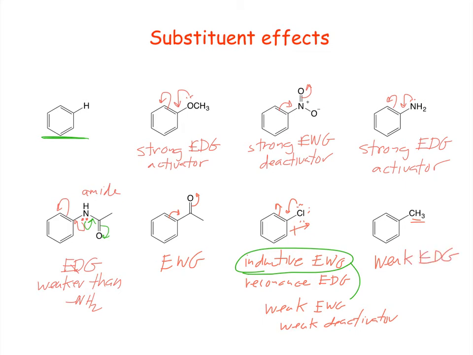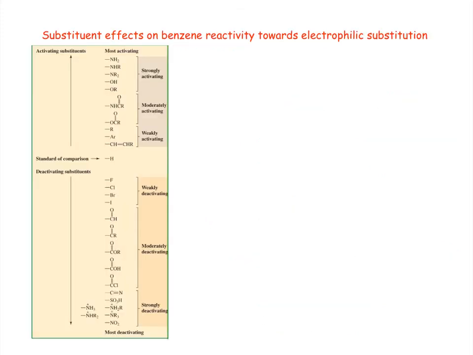All right? So let's look at a table here and sort these out. So if you can see this, up at the top are the most activating, okay? And all of these groups are essentially things where they have some atom attached to the benzene ring that has a pair of electrons that it can donate into the ring, like this.